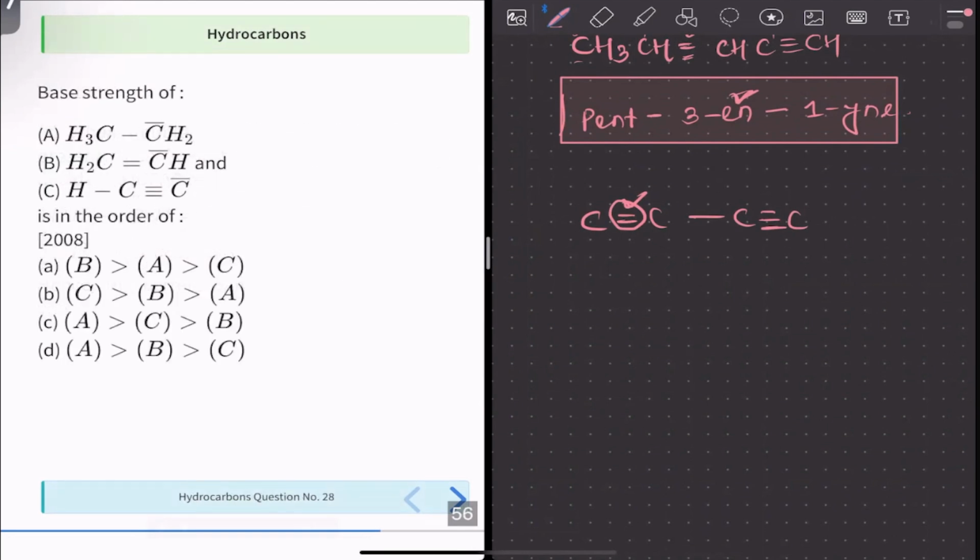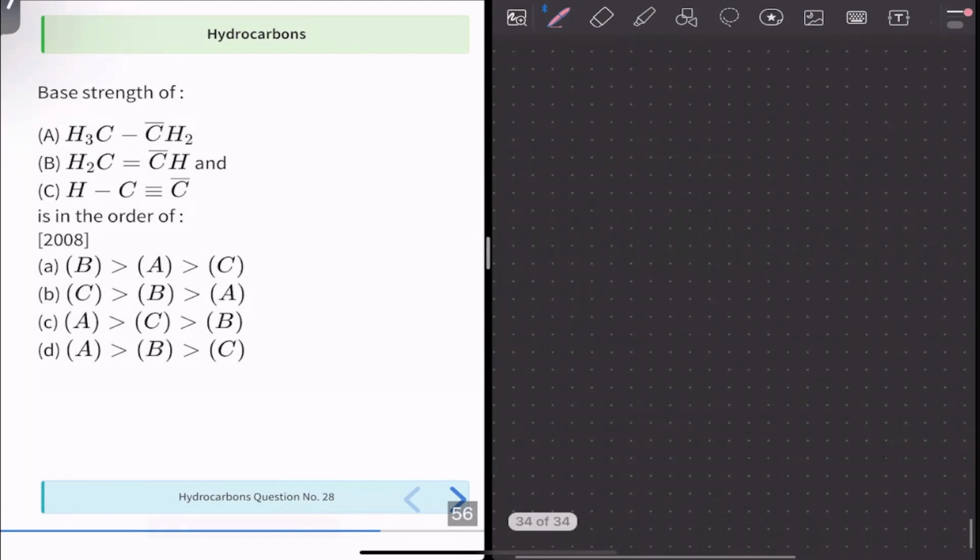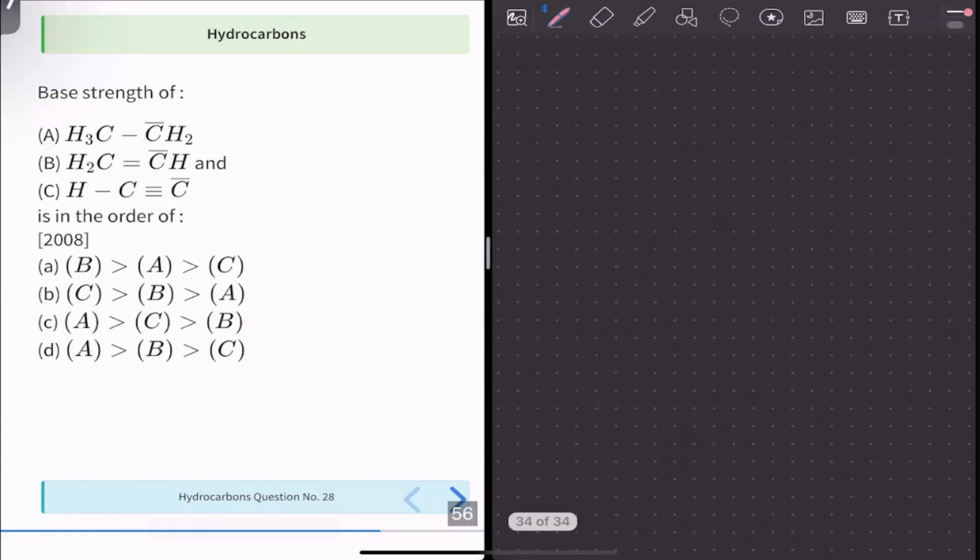Base strength of CH3CH2 minus, CH2=CH minus, HC≡C minus. So we'll see the basic nature here. How will you know the basic nature of a compound? If a compound is willing to donate its electrons, that means it is a basic compound. So we'll measure the donation capability of these molecules.